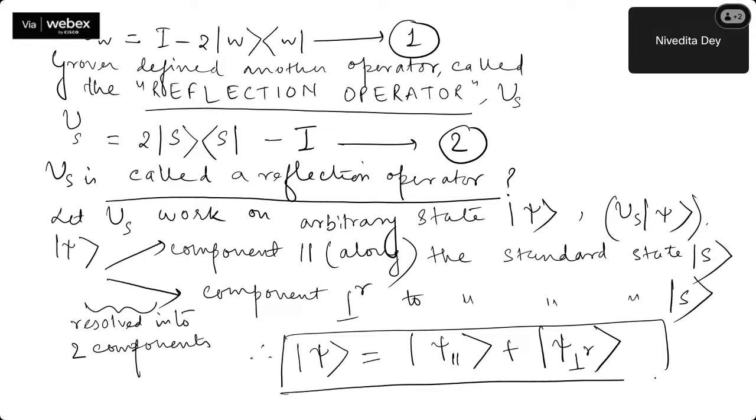Whenever these parallel and perpendicular things come into the picture, you can understand that a certain form of geometry is coming into the picture.